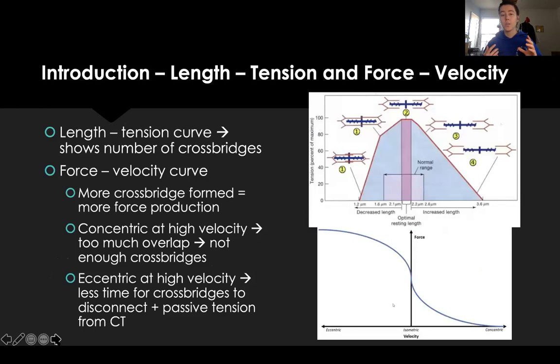Okay, so this is the length tension curve. Right here, it shows you the sarcomere, the unit. What it's essentially saying is that there's a perfect length of a sarcomere, and this perfect length allows for optimum force production.